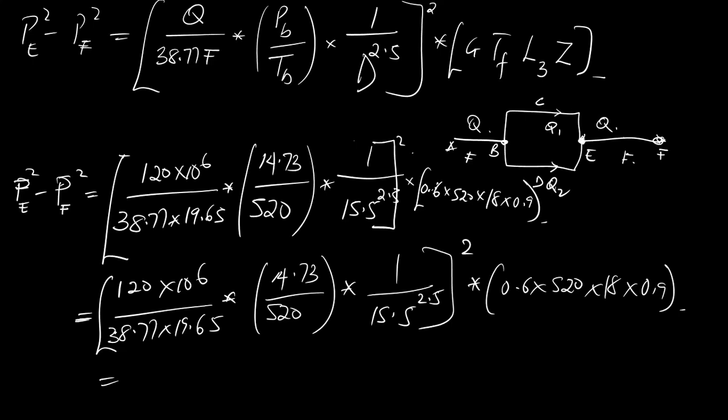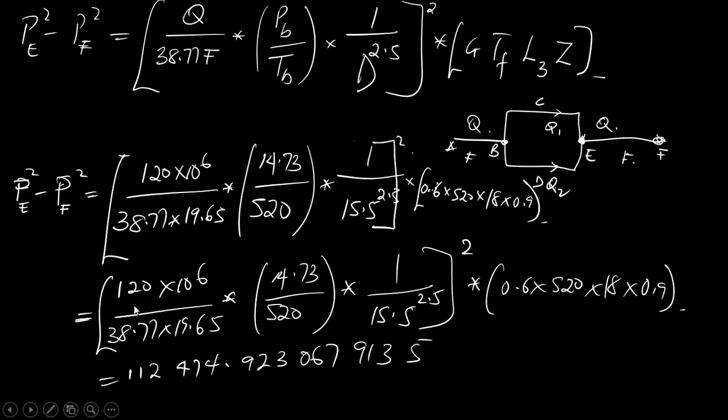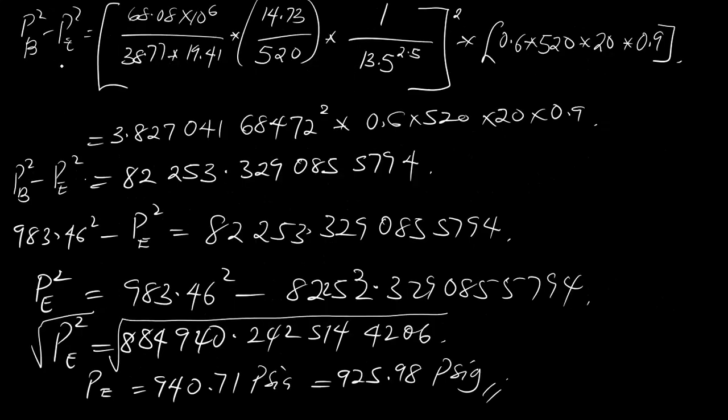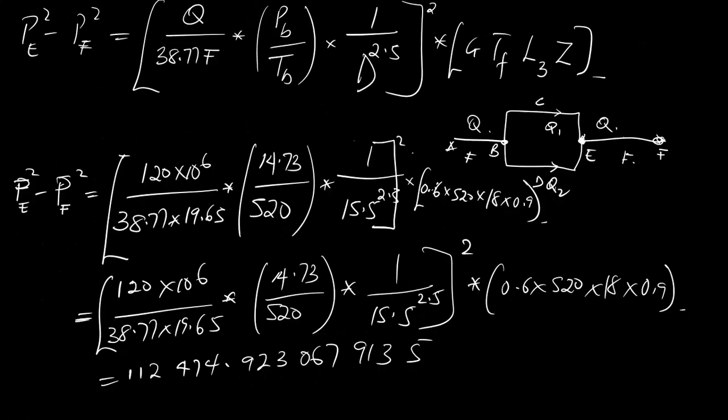So what we have here is 114.92470.913.5. PE is 940.71.